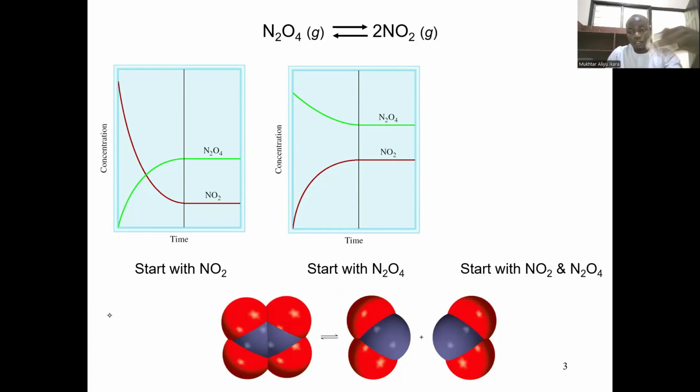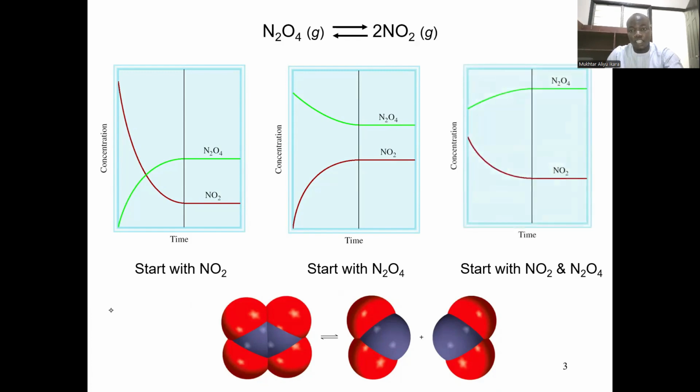So let's say we are starting with nitrogen dioxide and dinitrogen tetraoxide. You see, at the same time, the concentration of nitrogen dioxide is decreasing while the concentration of dinitrogen tetraoxide is also increasing. They will reach a state of chemical equilibrium.